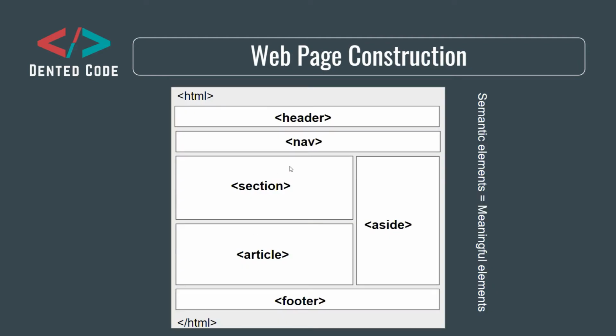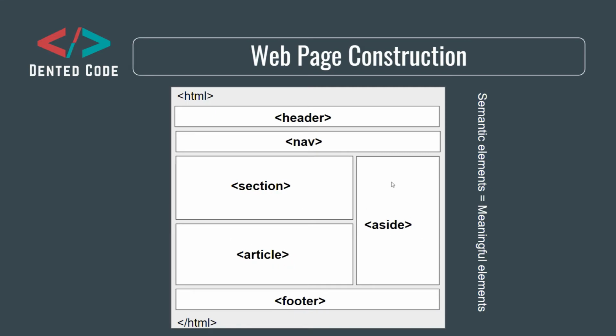So this is the basic layout of the page. When you construct the page, you probably want to use semantic elements, meaning meaningful elements, so that you know which part you are working on. If you have a header, use a header element. Similar goes for the navbar. If you have a section, use section. If you have an article, use article.